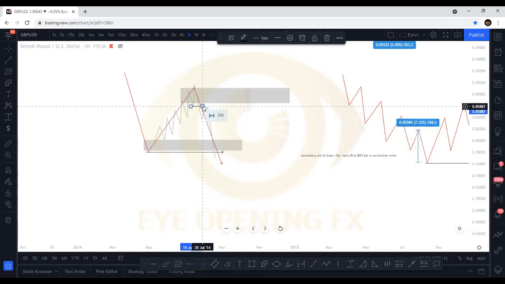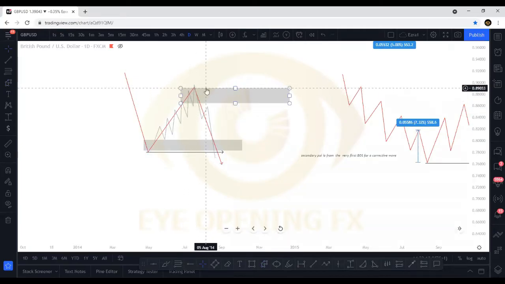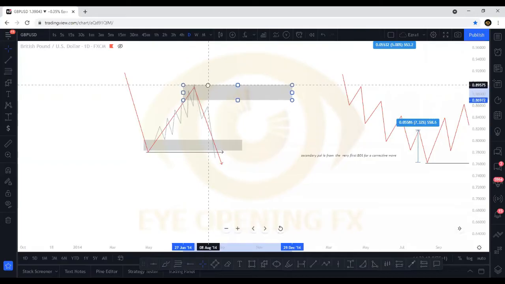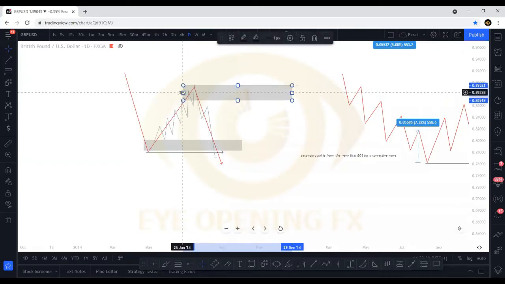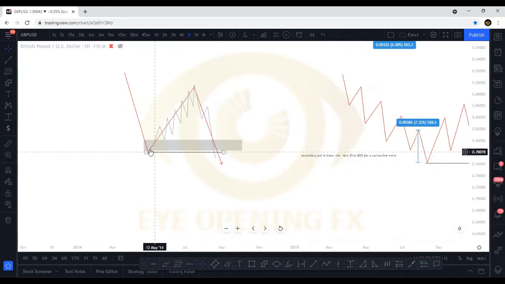From this area to this high is your primary point of interest, where we look for reclaim block, your sponsorship candle or sponsored candle, your QML level, to take the sell, to join the sell.